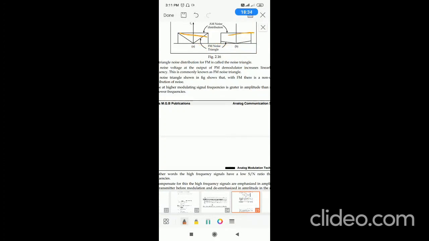Hence it is called your noise triangle. The distribution of noise is in the form of a triangle, hence it is called the noise triangle. This is for FM only. Right, so this is about FM.